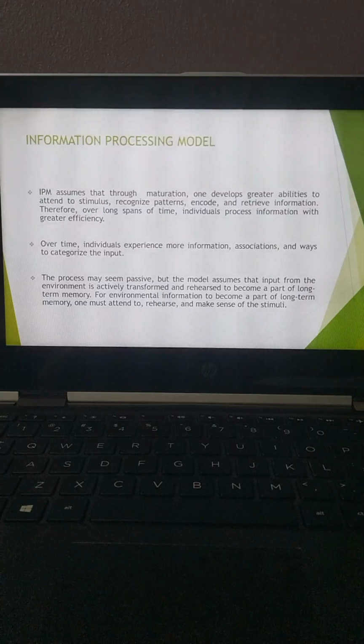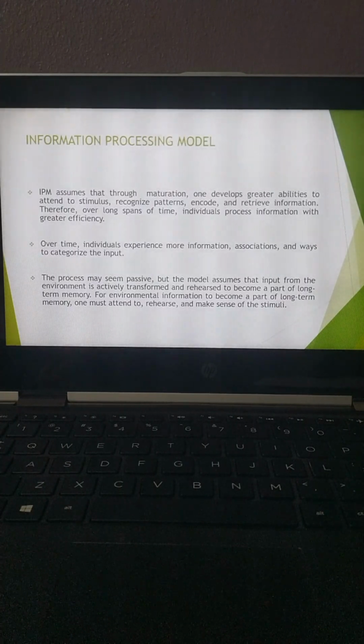Over time, individuals experience more information, associations, and ways to categorize the input. The process may seem passive, but the model assumes that input from the environment is actively transformed and rehearsed to become a part of the long-term memory.